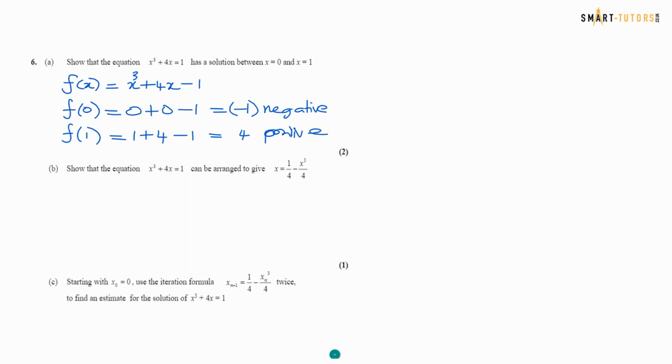Sorry for my handwriting, but you get the subject. So one is negative and the other is positive. What that means is, in the graph, for the value 0 the graph is negative, and for the value 1 the graph is positive. So the graph definitely has a solution, meaning where it cuts the x-axis there is a root.